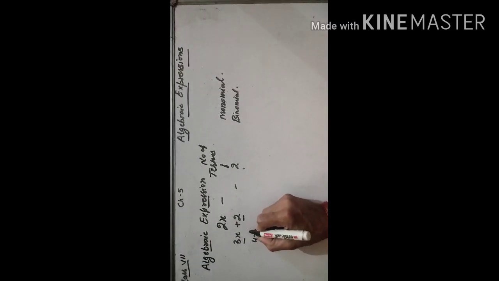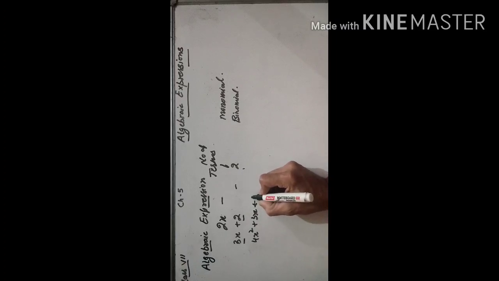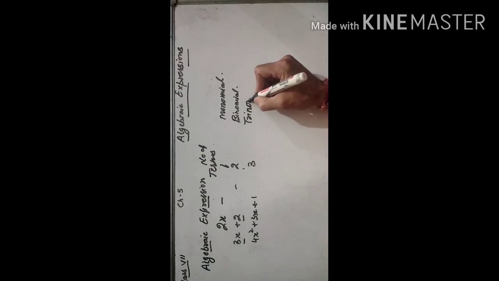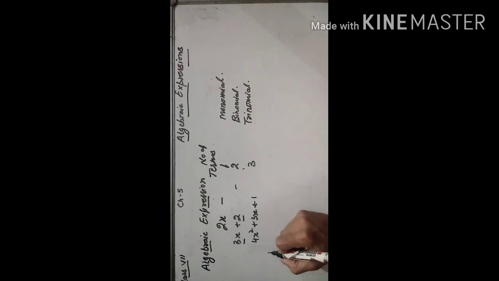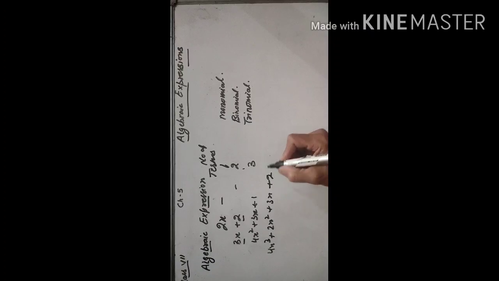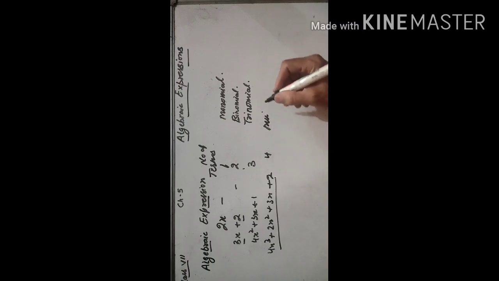Suppose 4x square plus 3x plus 1, three terms, trinomial. And more than three terms, for example four terms, is called multinomial.